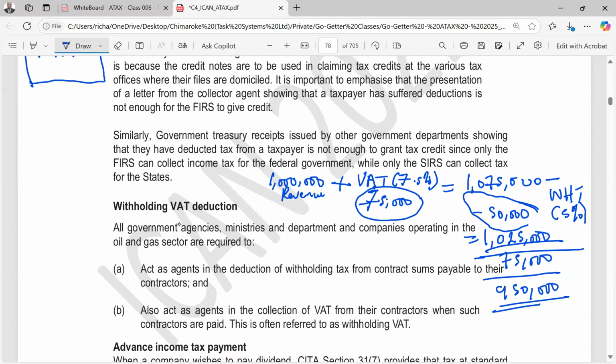You are supposed to be the one to collect this VAT. But because you are dealing with the ministry, they will collect it on your behalf so that you do not evade tax. So they are withholding this VAT from you. So it is called withholding VAT. So when you are suffering that, there is a place where you file withholding VAT.